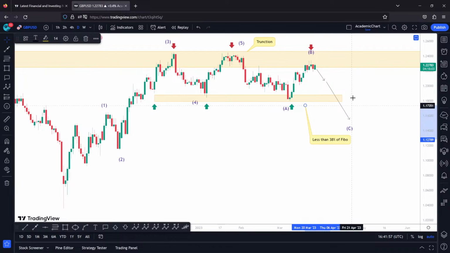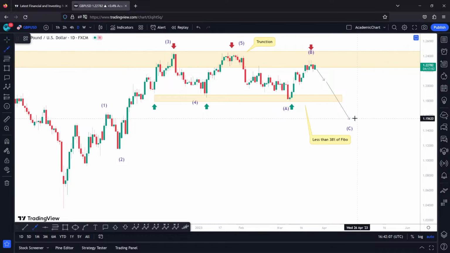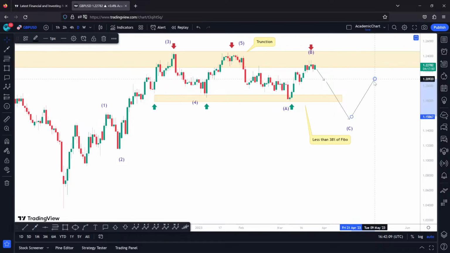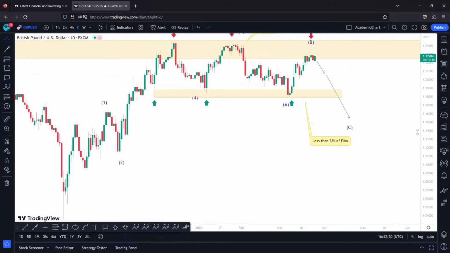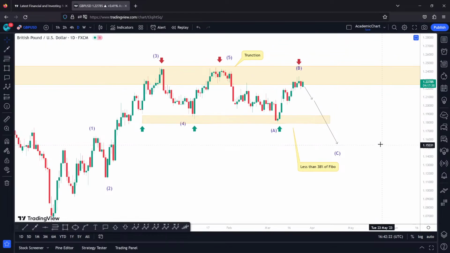Then again, from this point, price can, of course, move up again. So then you will see a possible weekly or monthly fake out. That also can be possible if you want to still stick to this flat point of view. Anyhow, these are the possible momentum.